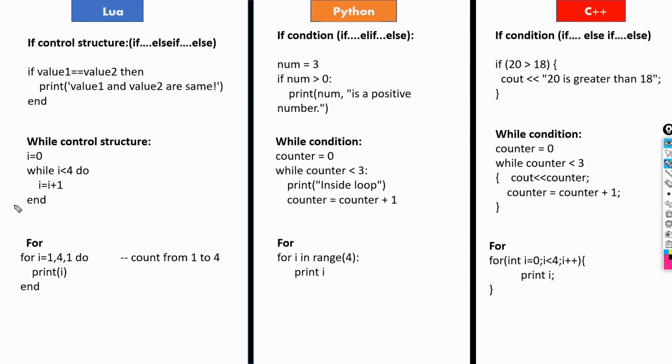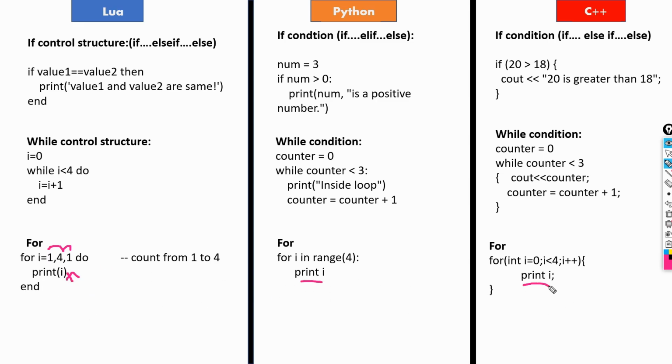I know you can understand this, what it is doing in the while loop. It is incrementing the value one by one, from 1 to 4. It is incrementing one by one till 4, and it is printing out over here. All these things are just similar.